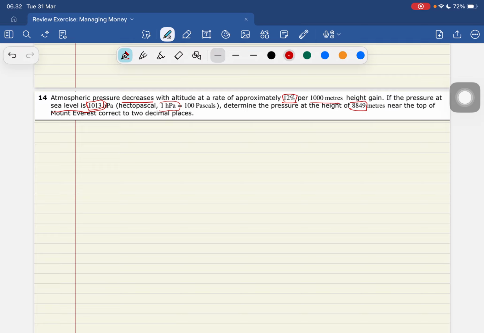So let's make the formula: P is the pressure at height H, and P0 is the initial pressure at sea level. Then 1 minus R, as this is a decrease, and H is the target height, and K is the rate interval.